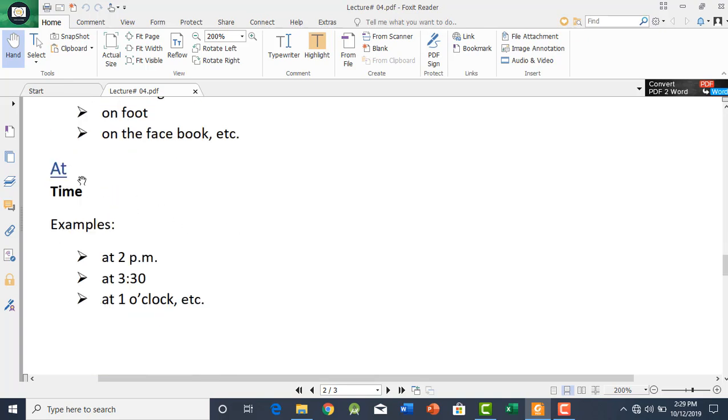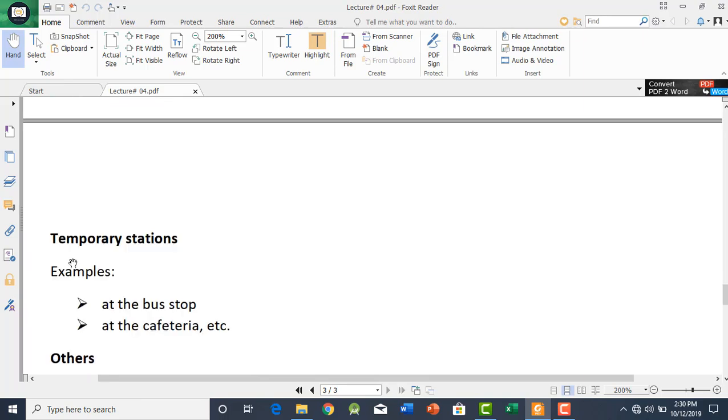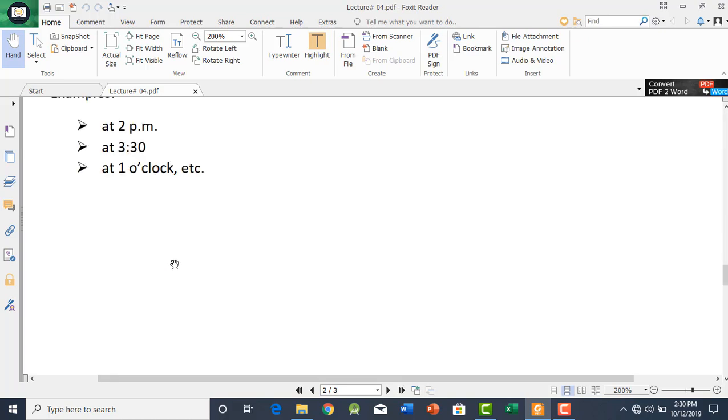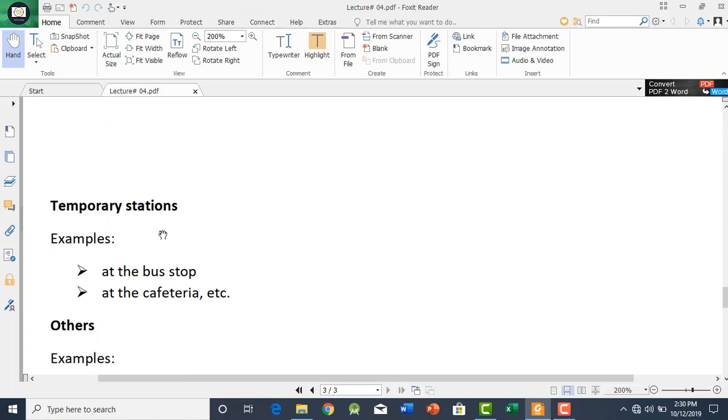And the preposition at is particularly associated with time. When we are going to talk about some time, for example, we say at 2 p.m., at 3:30 p.m., or 3:30 a.m., at 1 o'clock. So at is used when we have to talk about time. Another use of at is in situations like temporary stations.